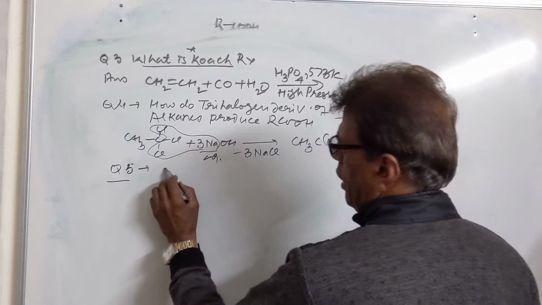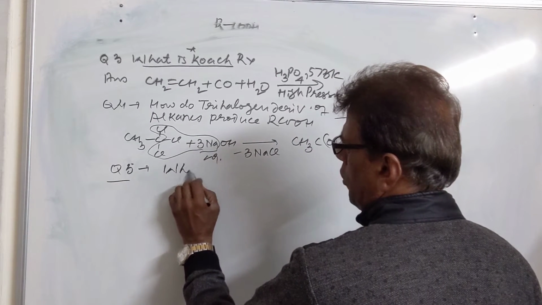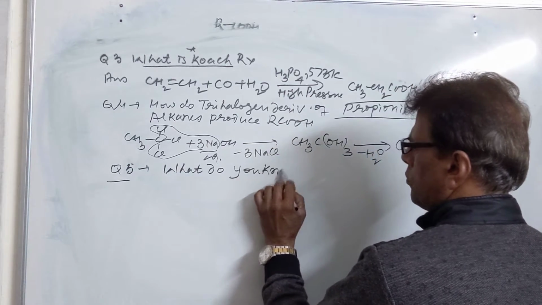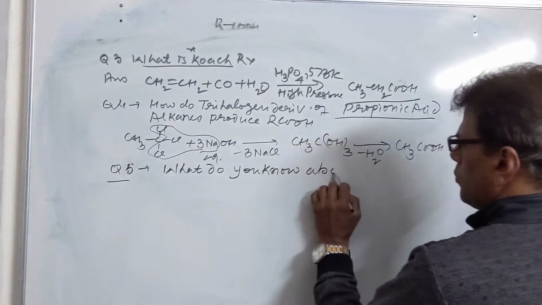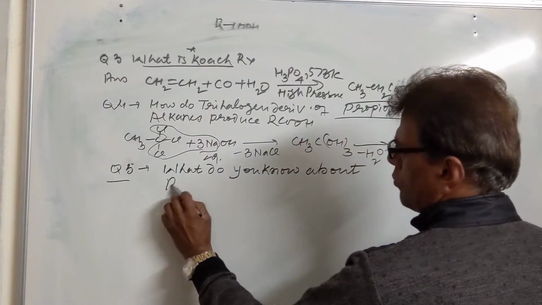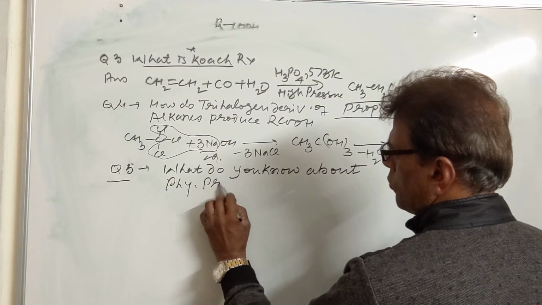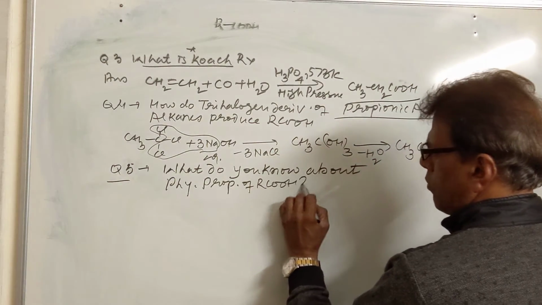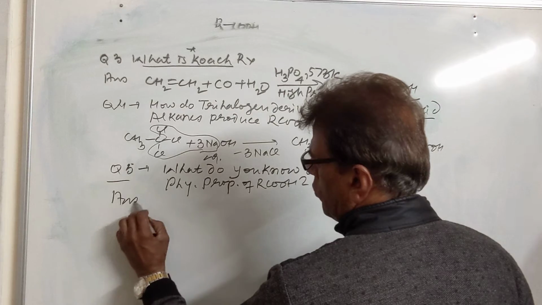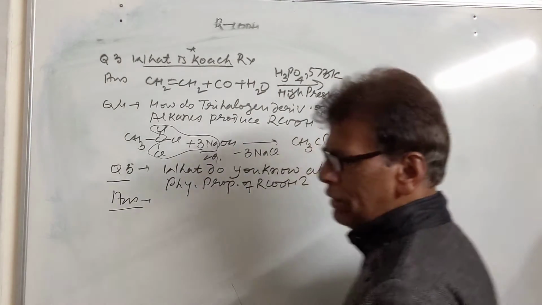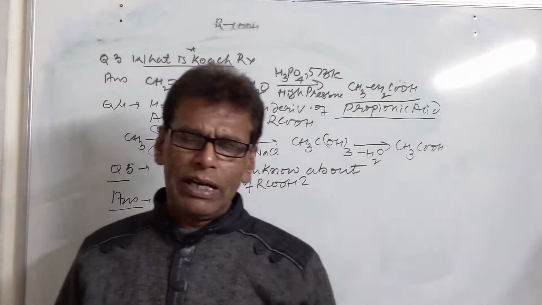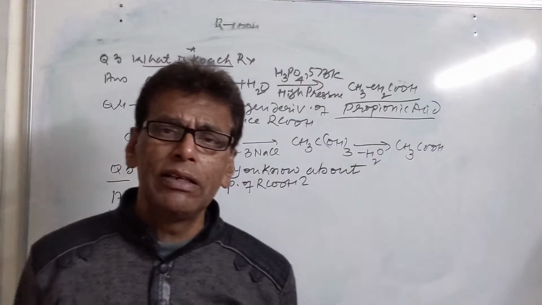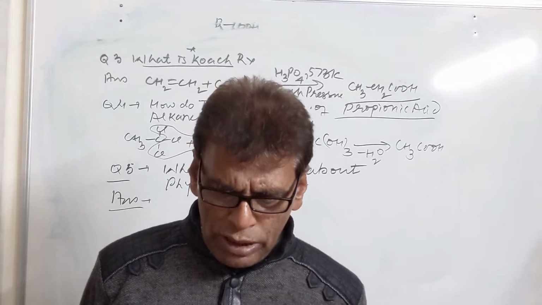Then question number 5. What do you know about physical properties of carboxylic acids? So coming to the physical properties of aliphatic carboxylic acids, first three carboxylic acids are gaseous in nature, they are formic acid, acetic acid and propionic acid.